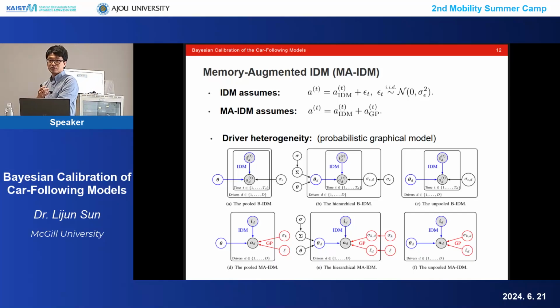And over this temporal range, 40 seconds, 30 seconds, to what extent can we observe the strong reactions from the follower is quite uncertain.